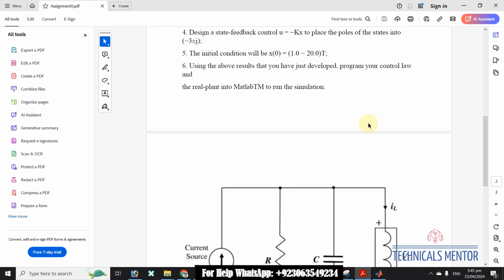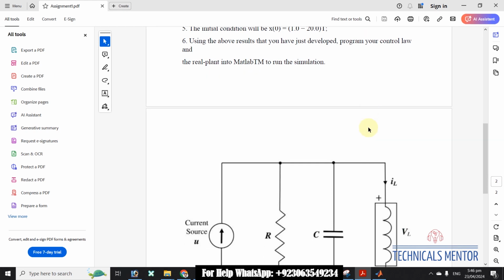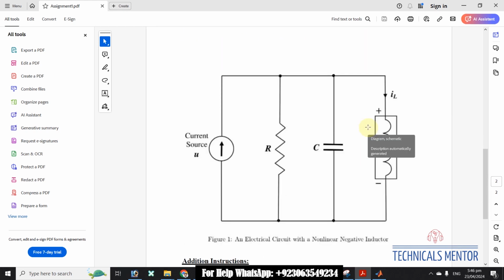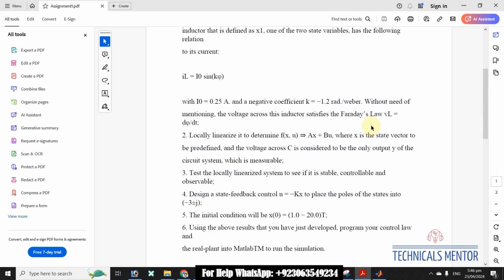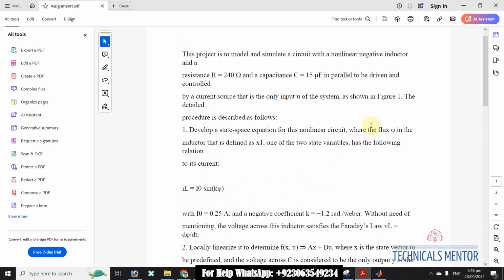Let's introduce the project. We begin with a circuit that includes a nonlinear inductor, a resistance of 240 ohm and a capacitance of 15 microfarad, all driven by a current source.